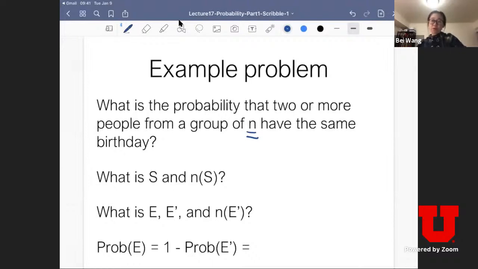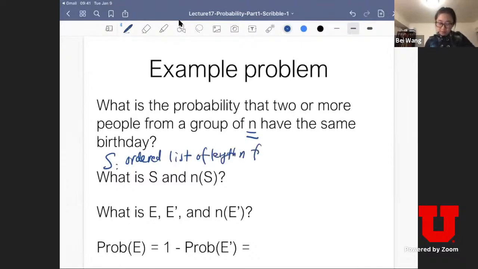Let's say I'm using an ordered list, and each of the people can choose among 365 days as their birthday. Let's assume that there are only 365 days in a year for now. So S is essentially an ordered list of length n, and the values are drawn from the set that contains the numbers from 1 to 365.